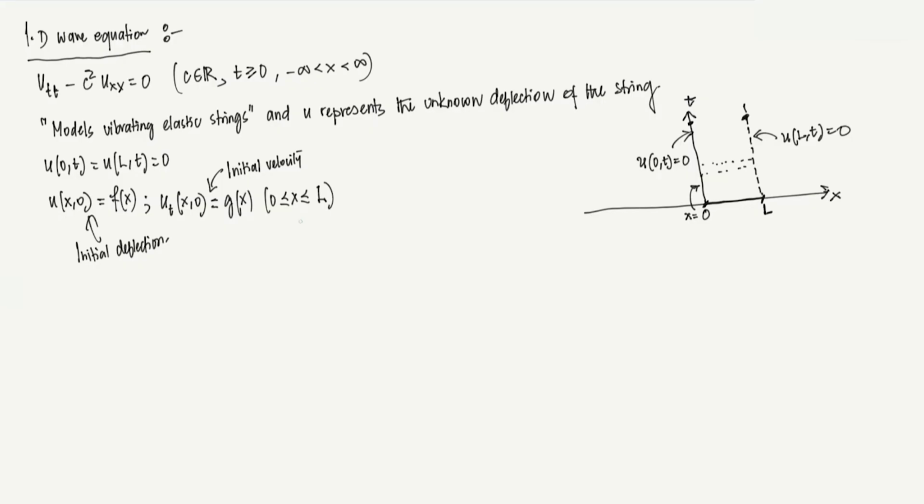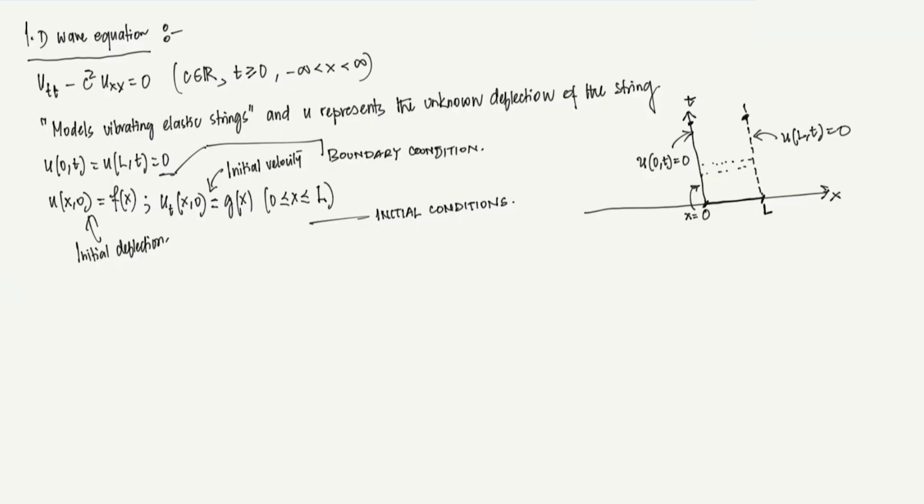These two are called initial conditions, because they tell us the state of the whole system initially. And this is the boundary condition. At the boundary they are fastened, so there is no movement.